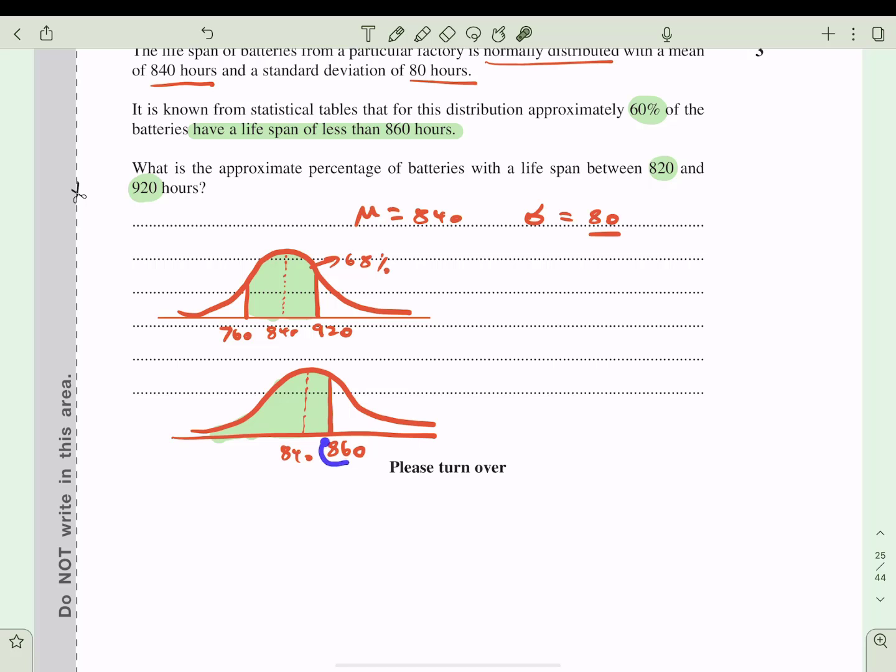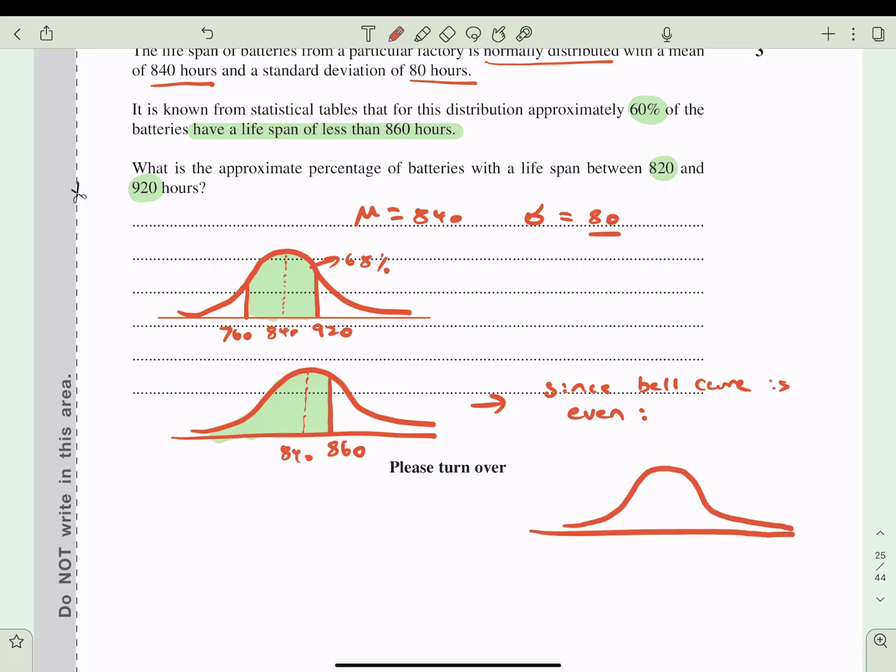And we should all notice that 860 is 20 more than 840. So since my bell curve is an even function, we can also sketch the fact that for my bell curve, if I have 840 here, I have 820 on the left, and 60% of batteries will have a lifespan more than 820.